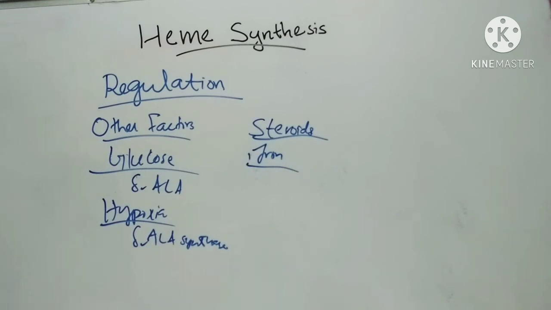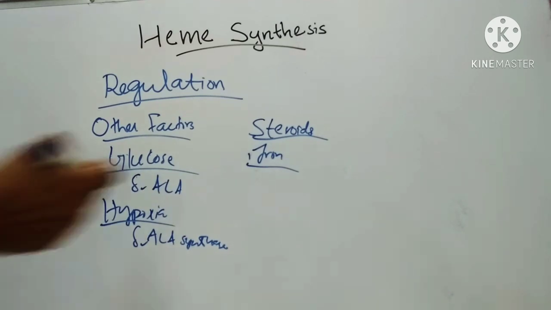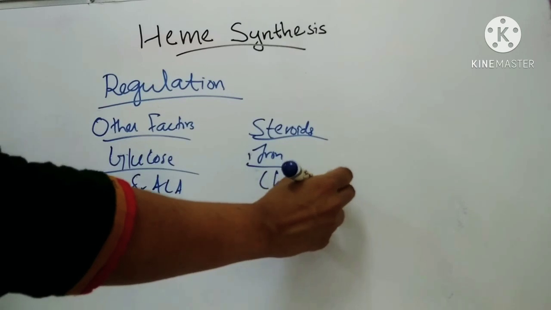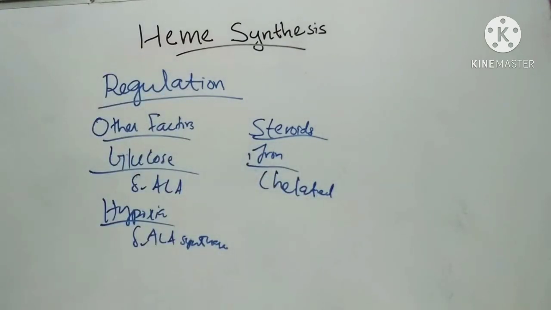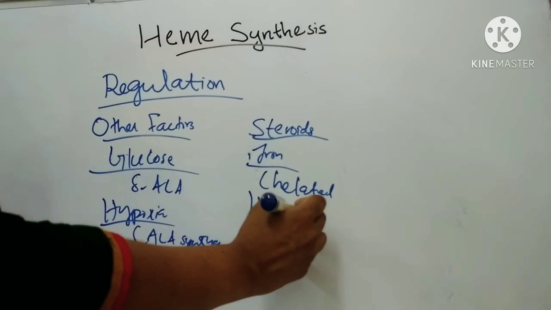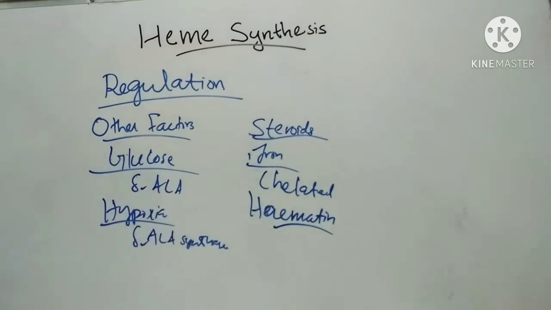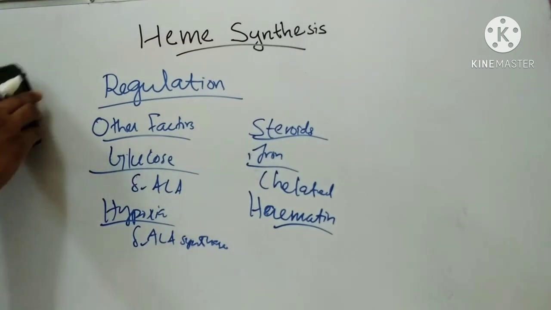In chelated form, iron exerts a synergistic effect on induction of delta aminolevulinic acid synthase. Next one is hematin. The administration of hematin in vivo can prevent the drug-mediated de-repression of delta aminolevulinic acid synthase. That is the regulation of the synthesis of heme.